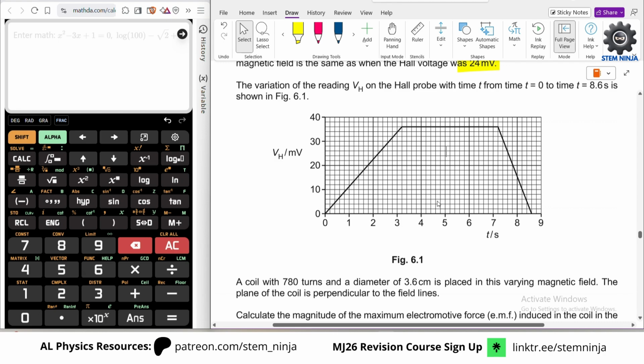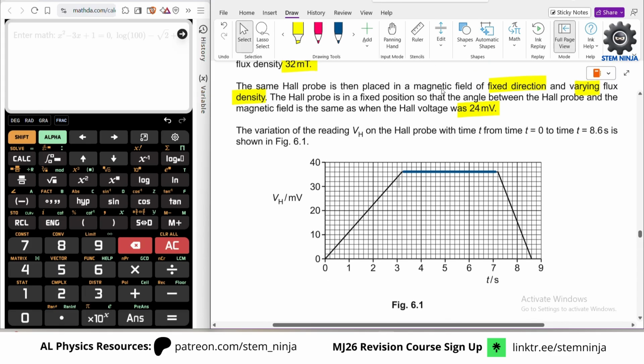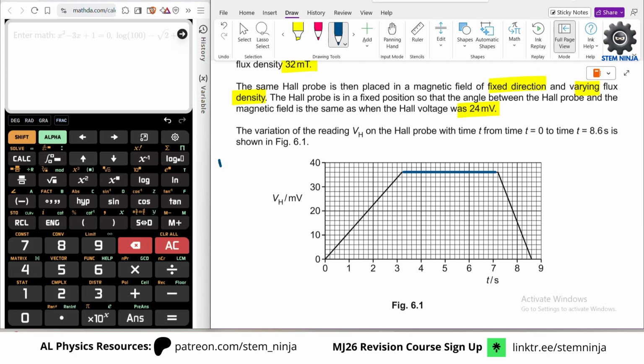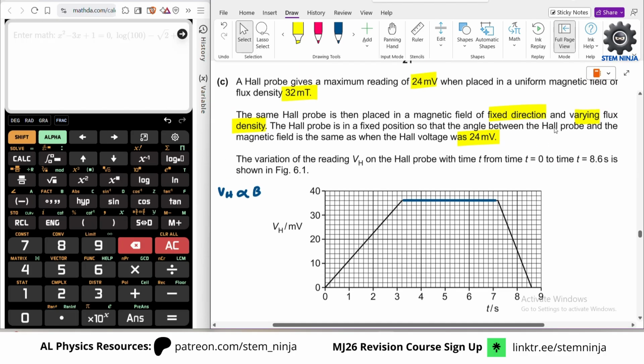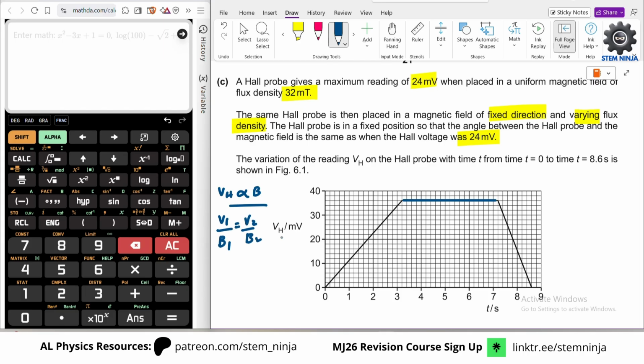Alright, so first off we need to see what magnetic flux density this corresponds to. So we know that VH is basically proportional to B. Everything else is the same. Orientation is the same, fixed direction, right? So this is perpendicular to that. So basically it's a ratio. V1, B1, V2, B2, sort of that thing, right?